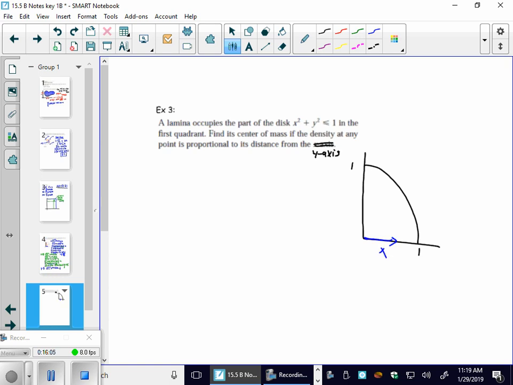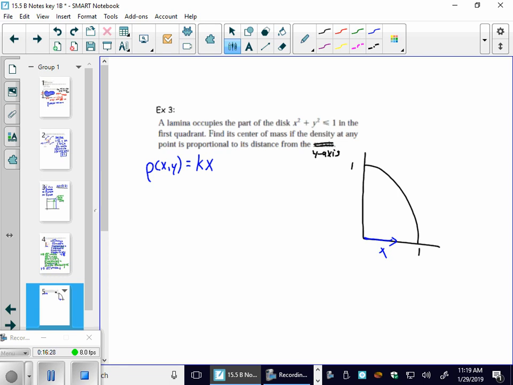And the fact that it says proportional means we need to introduce a proportionality constant. So our rho of x,y is simply going to be some constant of proportionality times x, the distance from the y-axis.